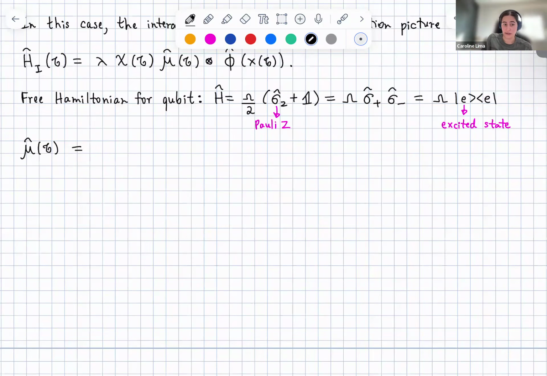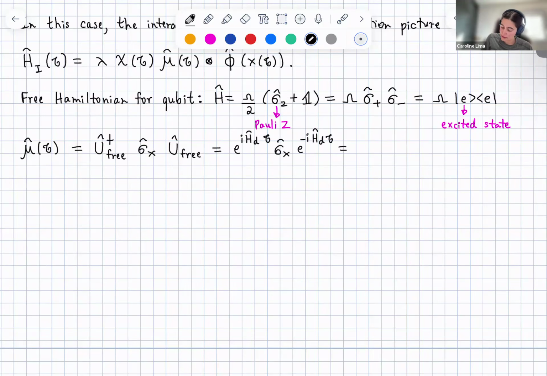Because I am in the interaction picture, I have to write the time evolution for the free Hamiltonian dagger times my operator, which is sigma x, as I said, and then again the time evolution of the free Hamiltonian for the qubit. In this case, it boils down to e to the i h t times tau, sigma x, e to the minus i h t tau.